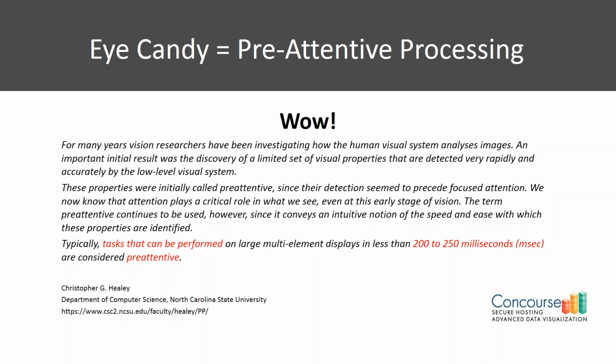I think this is important to understand that there's basically a low-level part of your brain that can pick out those things immediately, and it does it in like a quarter of a second or less. Before you even know what you're focusing on consciously, at a subconscious level, your brain can pick those things out and do it pre-attentively. So this is a really cool thing, and this is really the key behind what makes data visualization work.